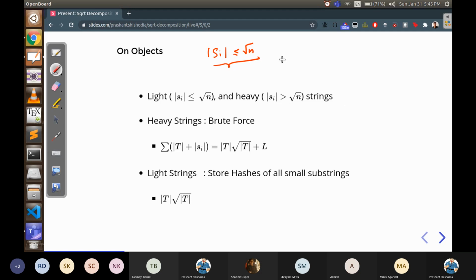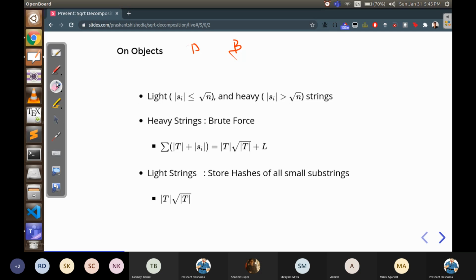So the first solution that comes to my head at least is: how do you match two strings? Why is it slowing down? Sorry, for some reason my laptop is slowing down.